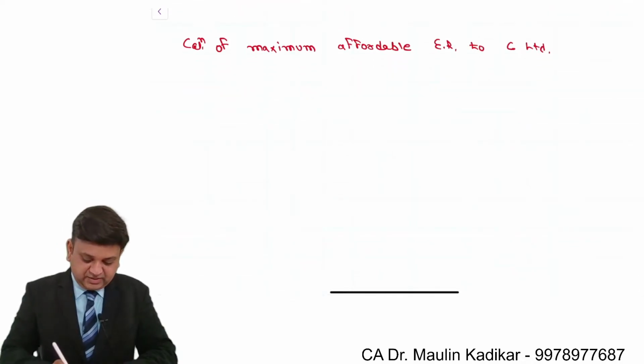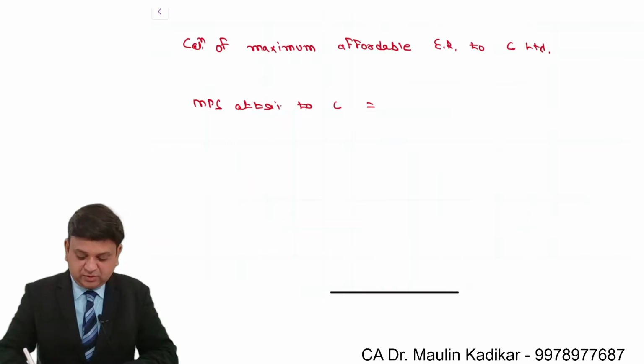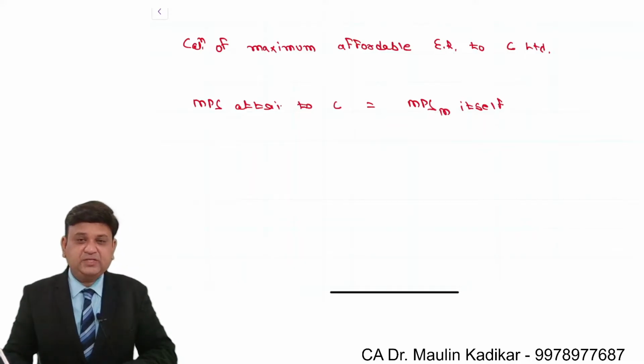It will be found like this. MPS attributable to C is equal to MPS of the merged firm itself.